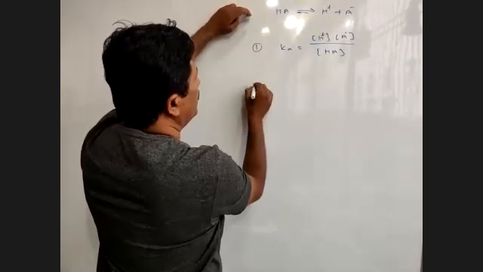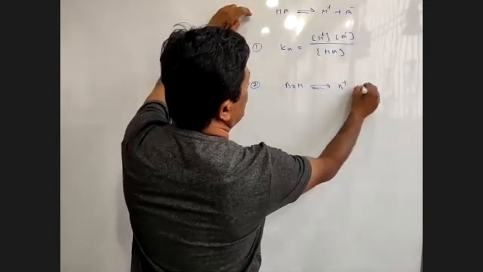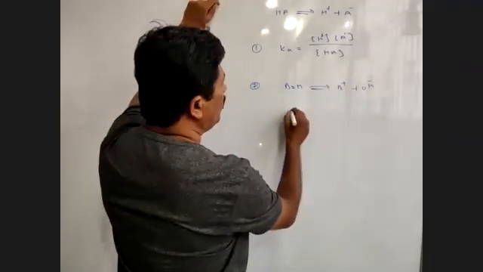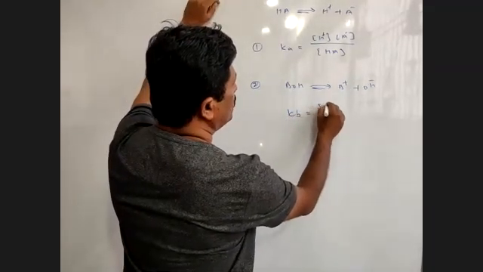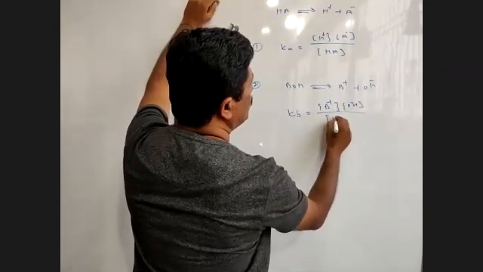Number 2, there is a base. BOH is dissociated to produce B plus plus OH minus. I am writing quickly, so I am not writing aqueous and so on. Applying the law of mass action, Kb is equal to concentration of B plus into concentration of OH minus upon concentration of BOH.